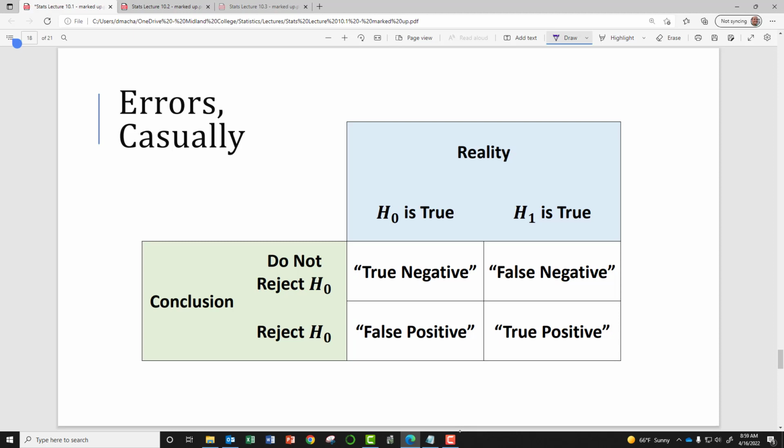I might also speak casually in the upcoming lecture videos about these facts, right? So if my null is true and we choose not to reject the null hypothesis, we would call this a true negative, especially when we talk about medicine, whenever you are trying to diagnose a patient and you're testing them for disease. Choosing not to reject the null hypothesis would be like a negative test, right?